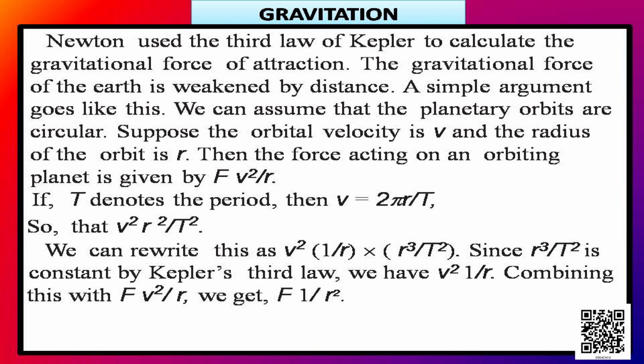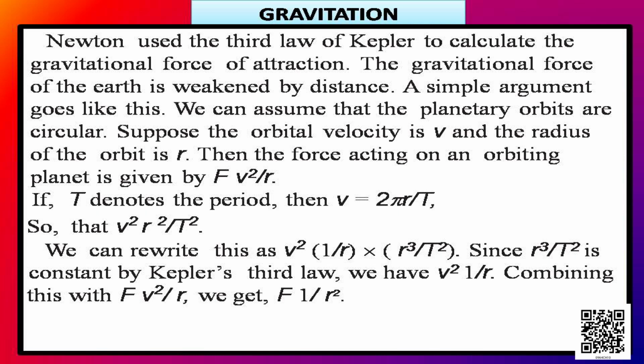We can assume that the planetary orbits are circular. Suppose the orbital velocity is v and the radius of the orbit is r, then the force acting on an orbiting planet is given by F is directly proportional to v square by r. If T denotes the period, then v is equal to 2 pi r divided by T, so that v square is directly proportional to r square by T square.